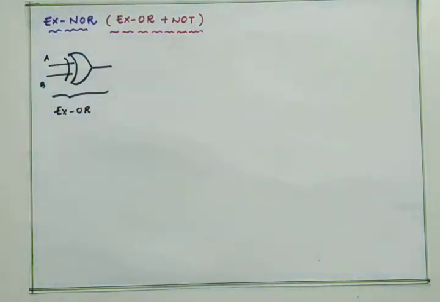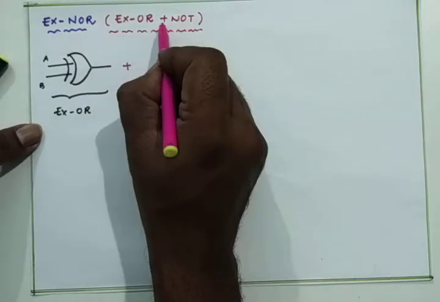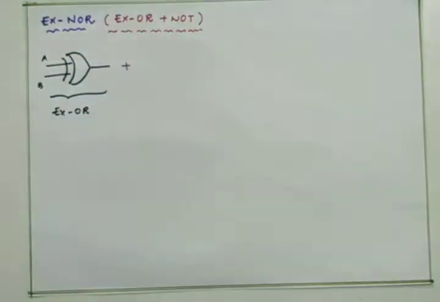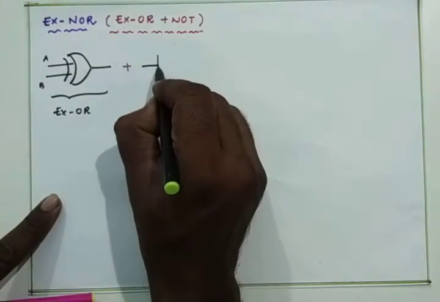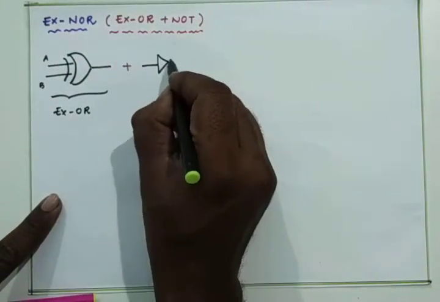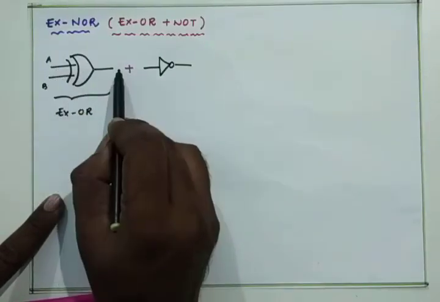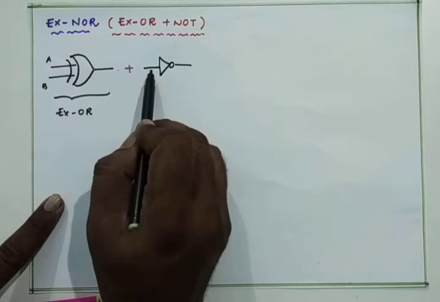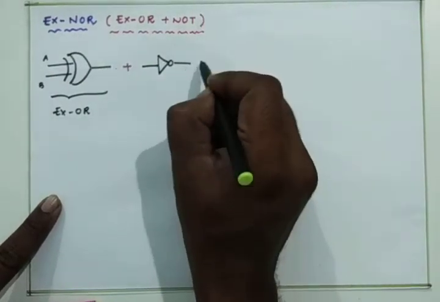Then we need to go with another gate, that is the NOT gate. Exclusive OR plus NOT gate. The NOT gate is used to make the complement of the input signal only. That means the output of the XOR gate acts as the input of the NOT gate, and here I am getting the output.